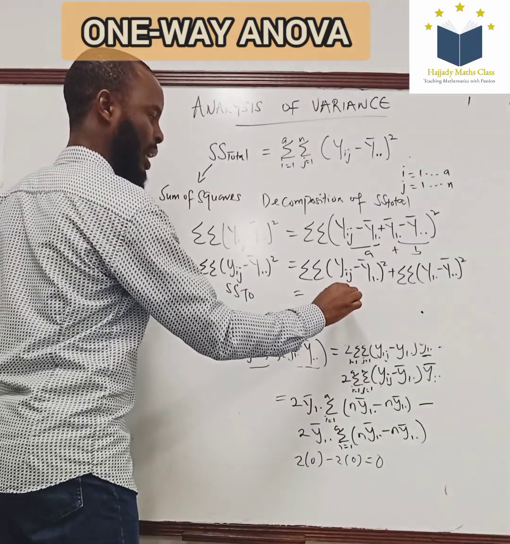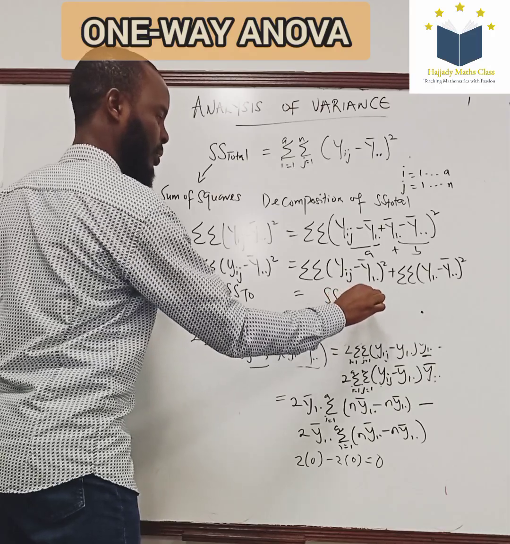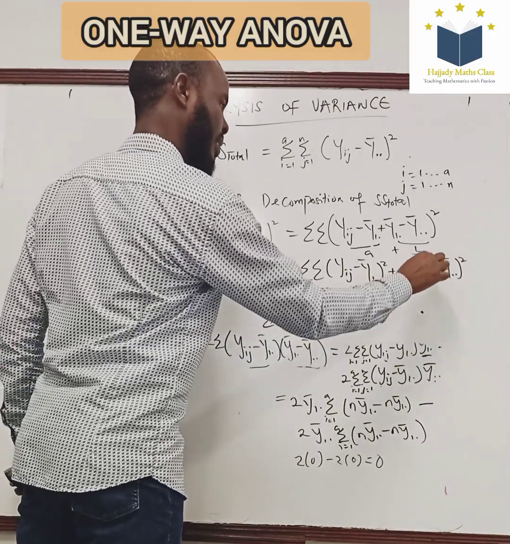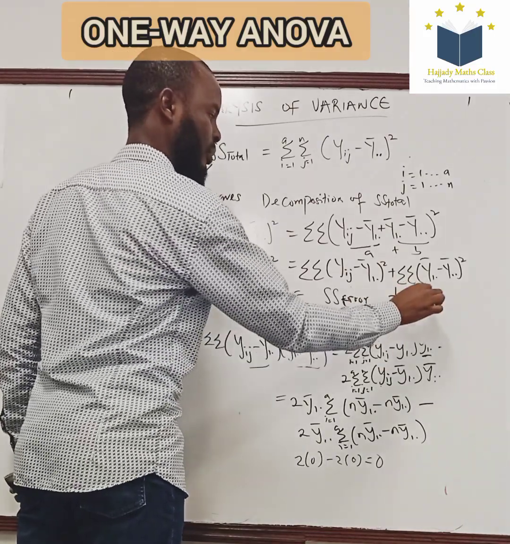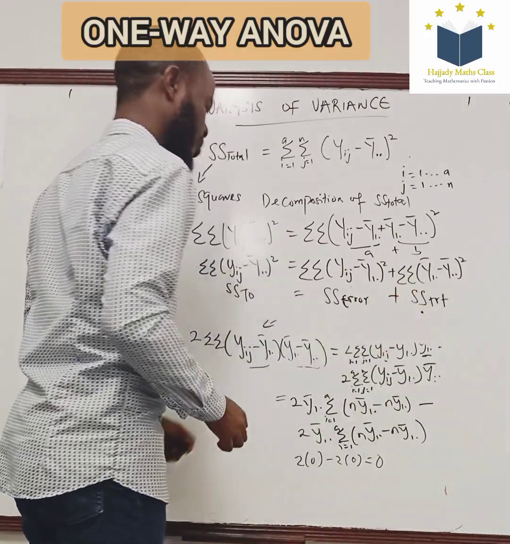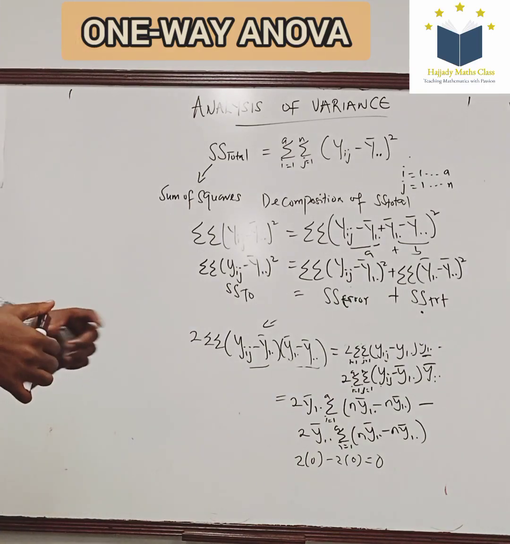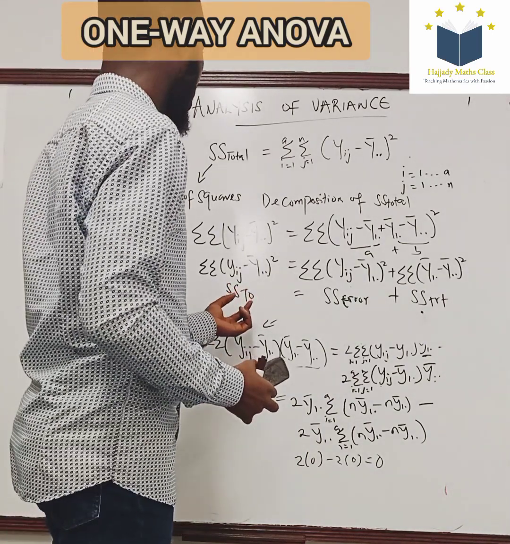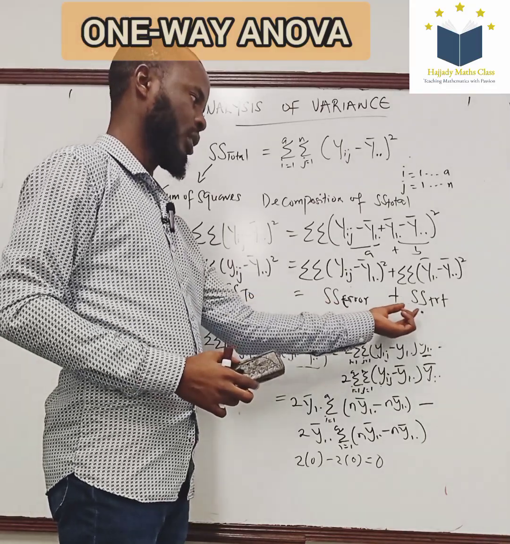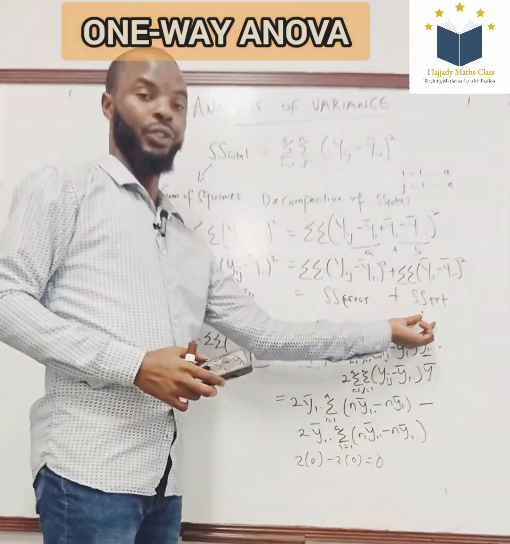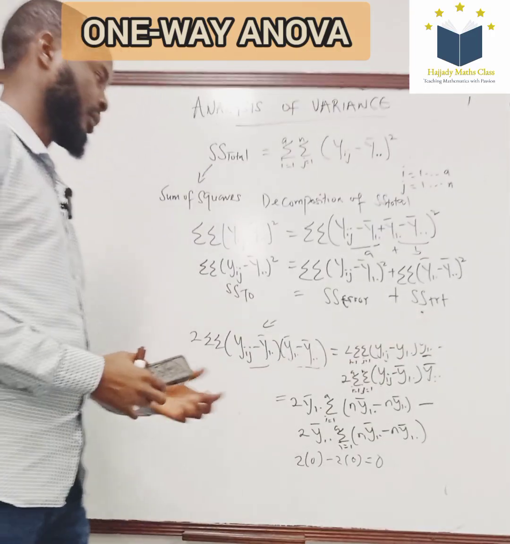This is my SS error plus, sorry, SS treatment. So for the decomposition of the sum of squares, your SS total is the same thing as SS error plus what? SS treatments. So this is what you have here.